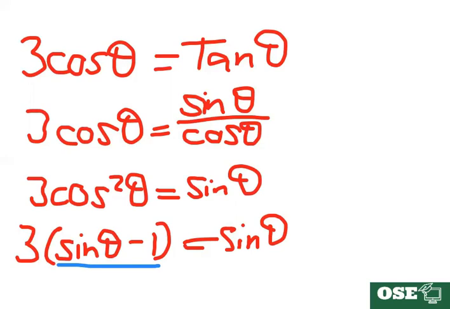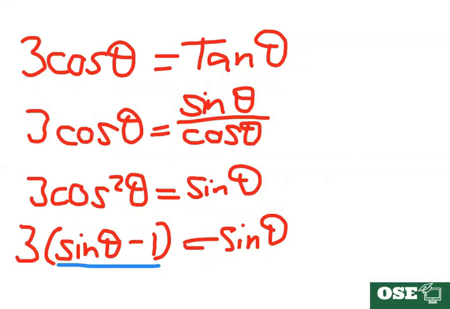The original formula from which you derived that says cos squared theta plus sine squared theta, right? Yes, is equal to... why are you confused?